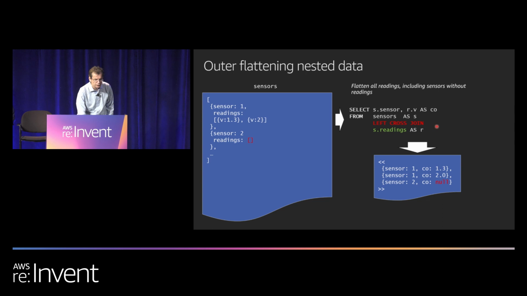And this is achieved with the new feature, the left cross join, because it doesn't have any other condition, where I'm basically saying my R is ranging over the s.readings. Hey, but look, if at some point the s.readings end up being associated with an empty collection, that's fine. I'm going to have the R bind to a null, and correspondingly my value out here is going to turn out being a null, as you would expect from SQL.